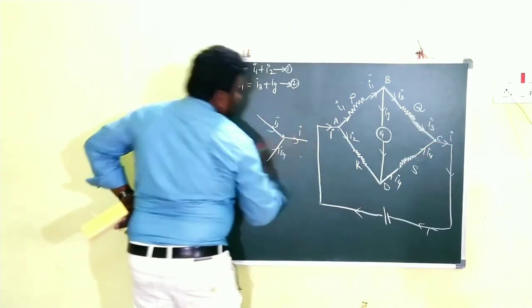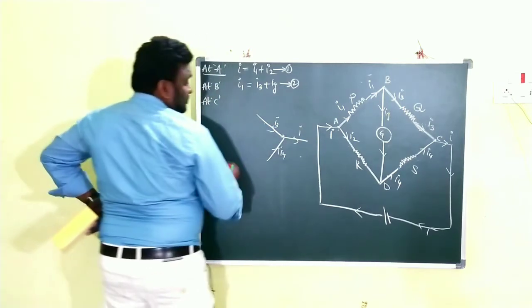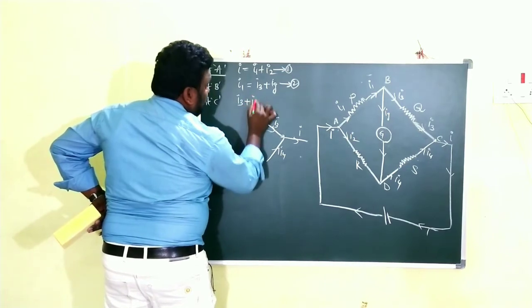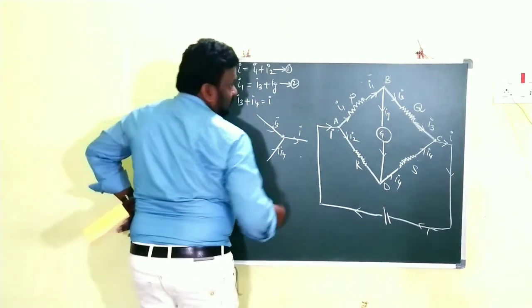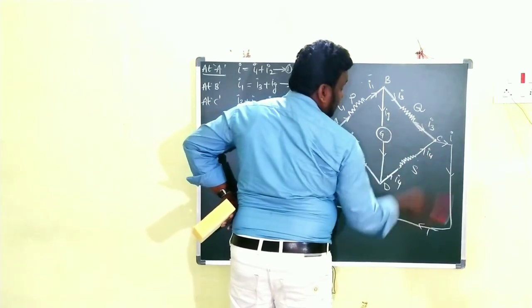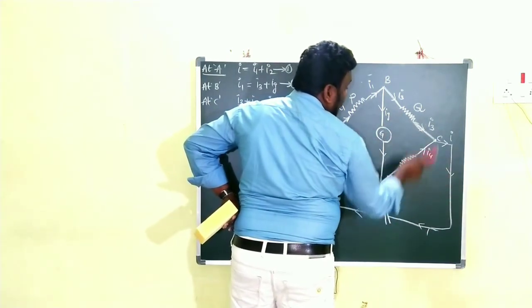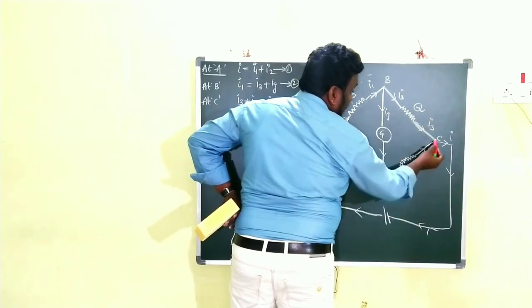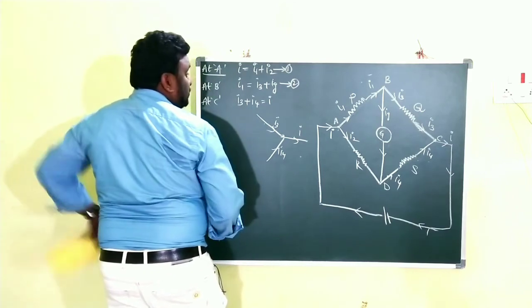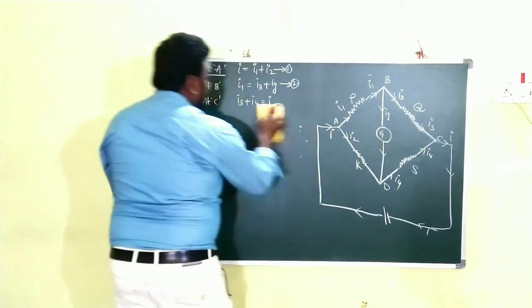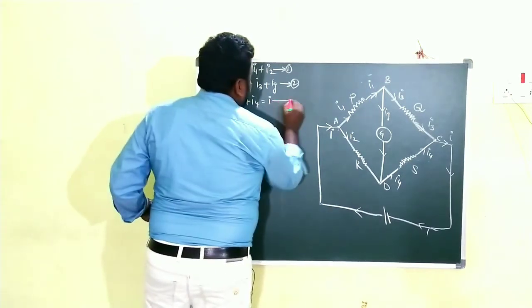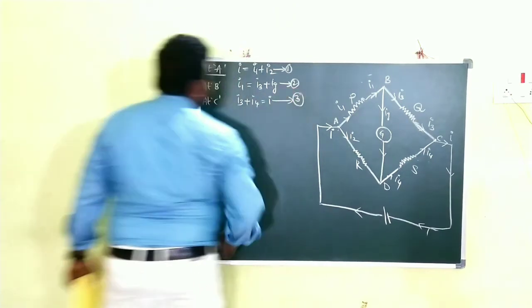I. So the amount of current entering, I3 plus I4, is equal to I. At the junction C, I3 and I4 are entering, and leaving is I. So I3 plus I4 is equal to I. Now this is equation number 3.